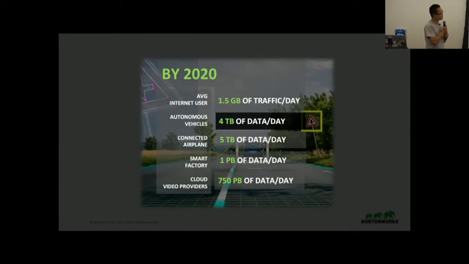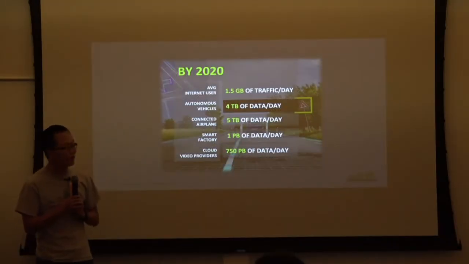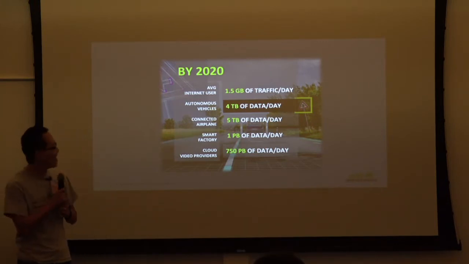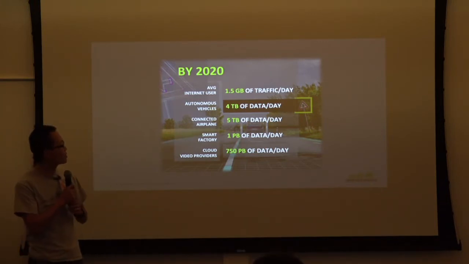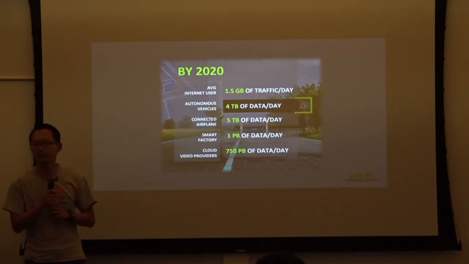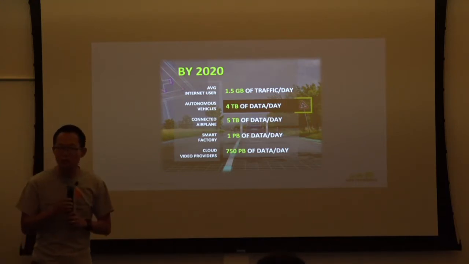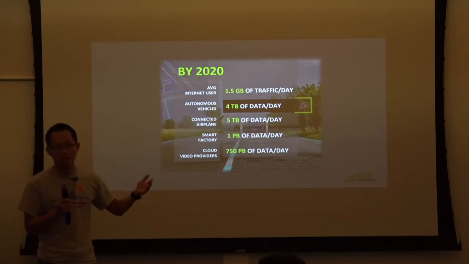Since we are consuming more and more data, an average internet user will use 1.5 GB of traffic per day. That's how Google and Facebook track you. If we want to build an auto-driving car, it will generate 4 terabytes of data per day. This is just a typical example.